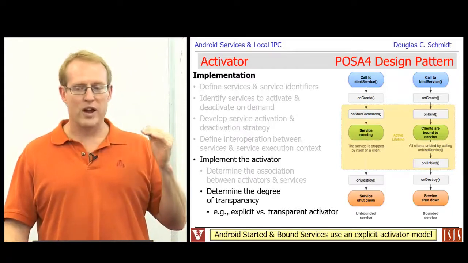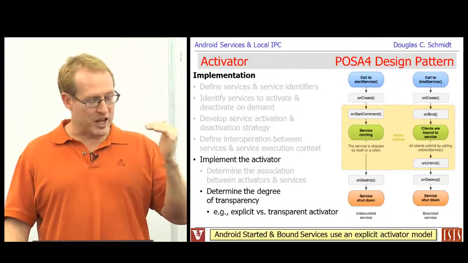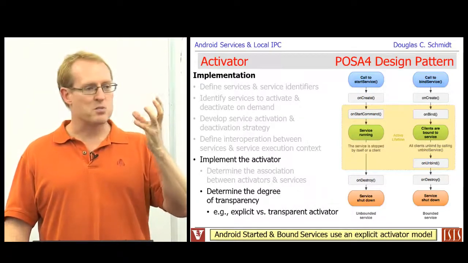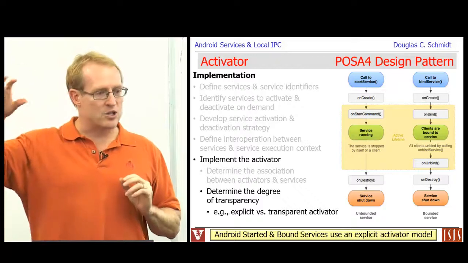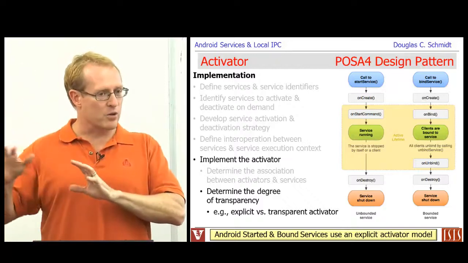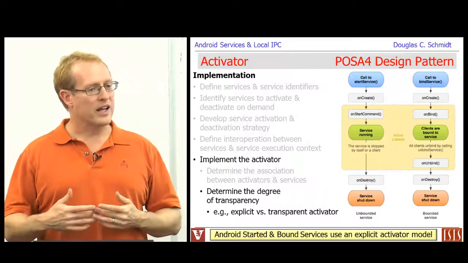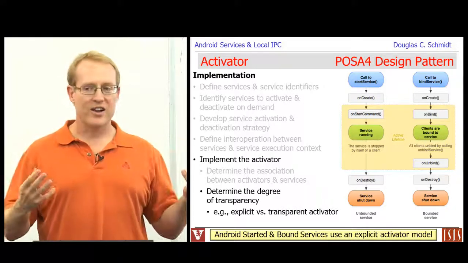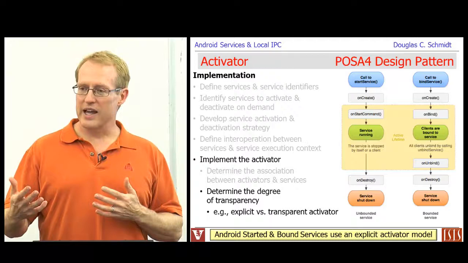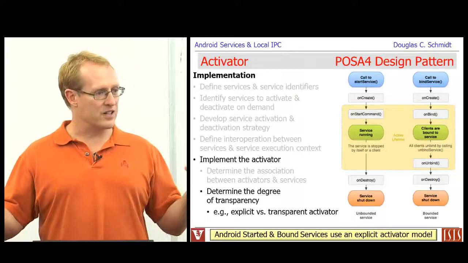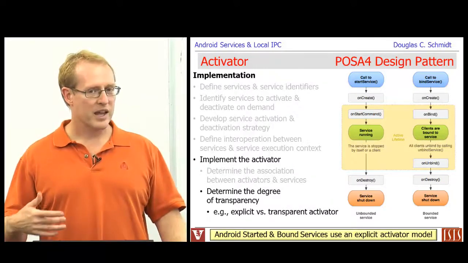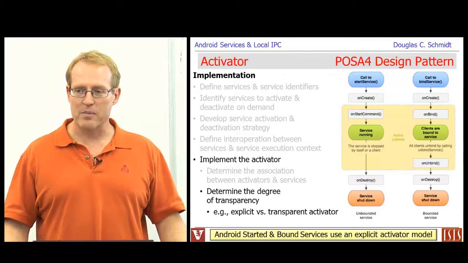Is this something where the application client has to make a special call to get a service started, and then it does other requests? That's what's called explicit activation. Or is it something where you just make a method call and the underlying activation framework activates the service implicitly, without you having to think about it directly and do something special?